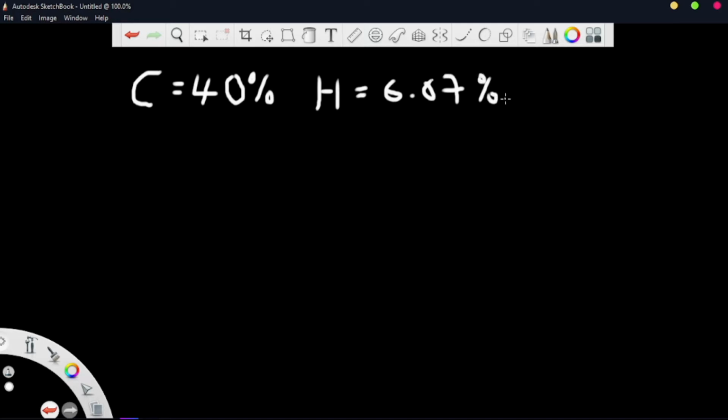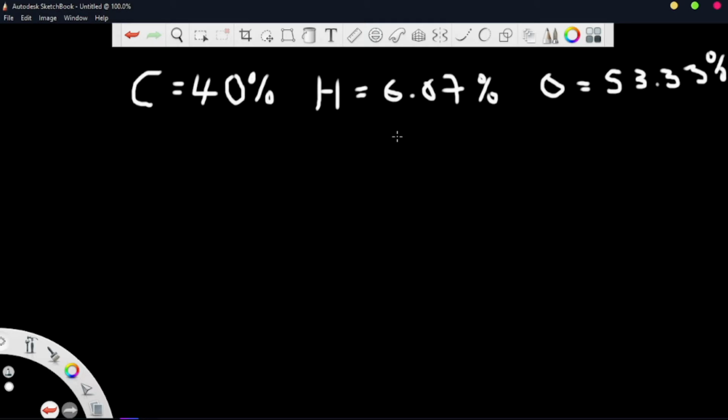It contains oxygen, 53.33%. So let's say you want to write the empirical formula of such a compound.